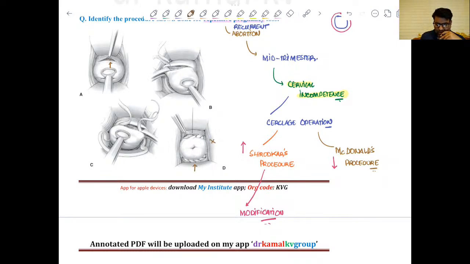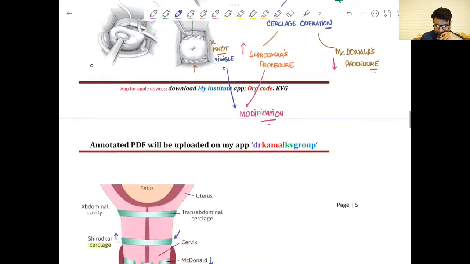We don't see the knot here, no knot visible. Clear? And we are talking about modified Shirodkar. The knot is not visible here, and this actually minimizes the chances of infection. So this is the modified Shirodkar's procedure.